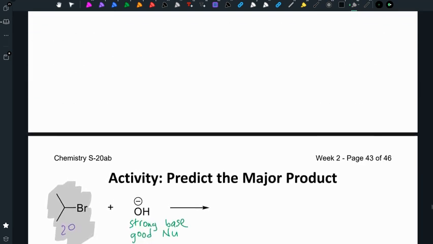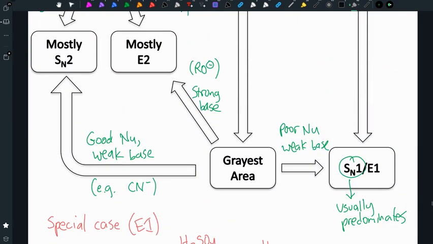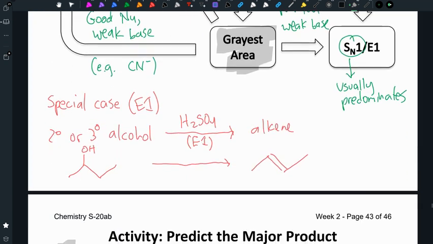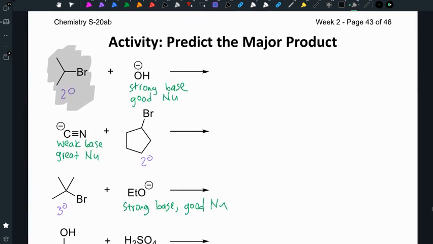So secondary with a strong base, I'm in the gray area, but with a strong base, I'm thinking mostly E2. There will be some SN2 mixed in here, but this is going to be mostly E2. Some SN2 might be possible, but my major product would be E2.